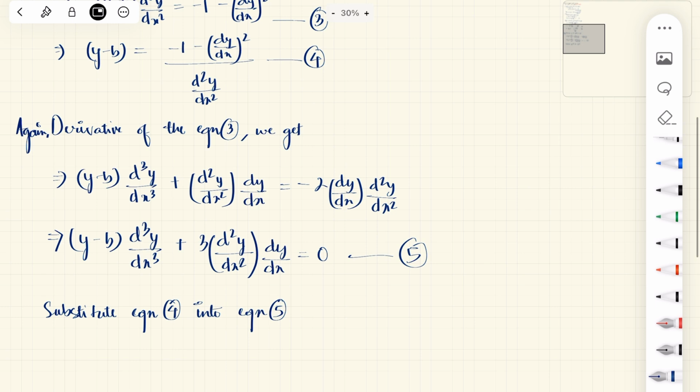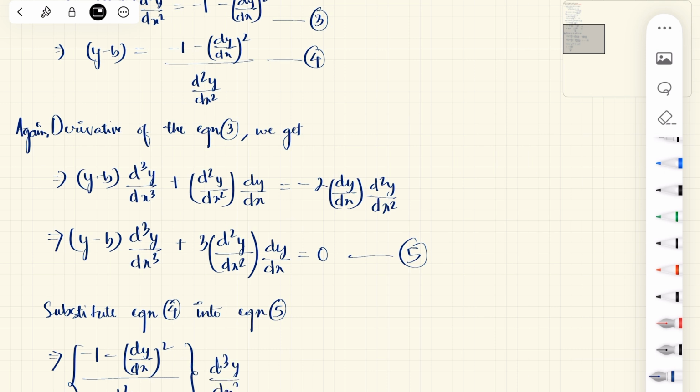We get -(1 + (dy/dx)²) d³y/dx³ + 3 (d²y/dx²)(dy/dx) = 0.